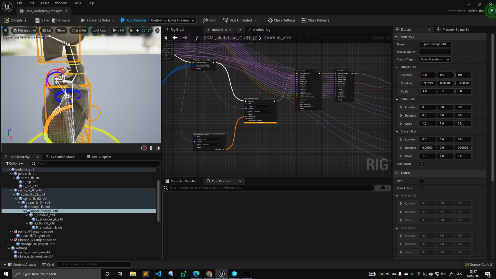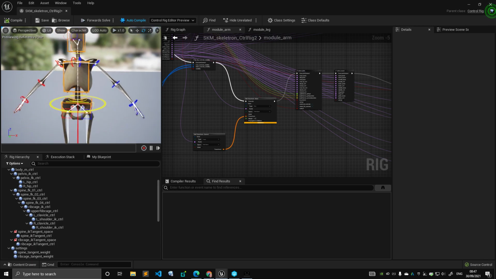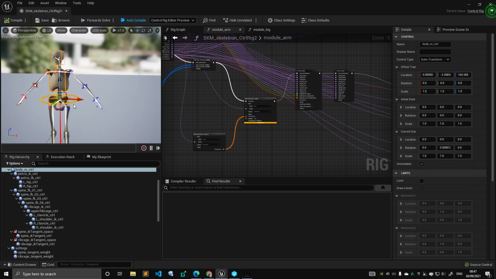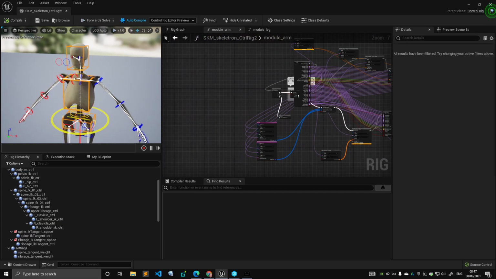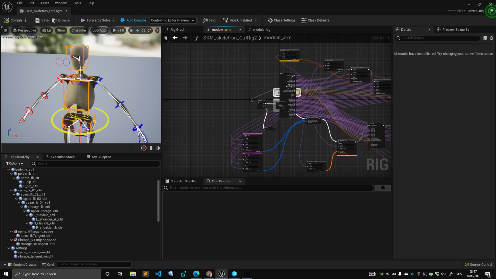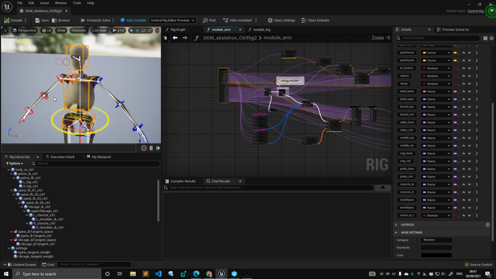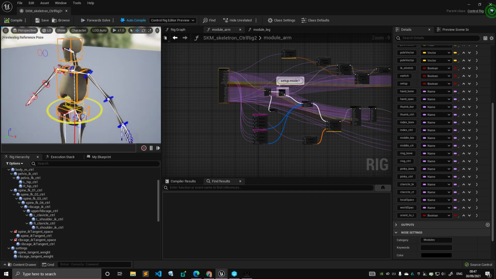Okay, so overall, this is the completed setup, and it took me about 30 videos to get to a setup that is extremely similar to what the default control rig mannequin gives you. But through this journey, we implemented modules that can be adapted to any skeleton, any skeleton orientation and any skeleton naming.